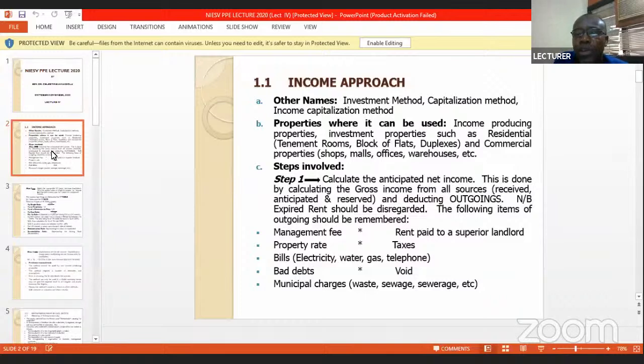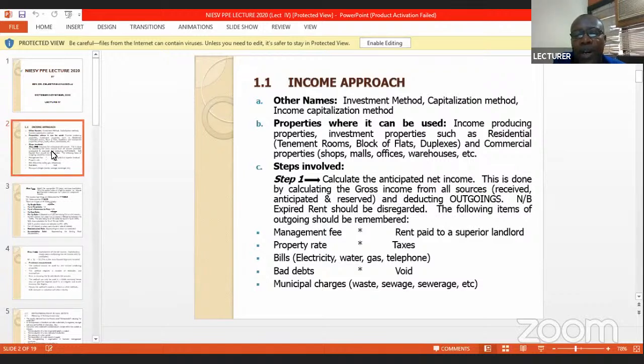They also include commercial properties: shops, malls, offices, warehouses, and other forms of commercial properties. Apart from residential and commercial, any other type of investment property that yields income for the owner, you can use the income approach.